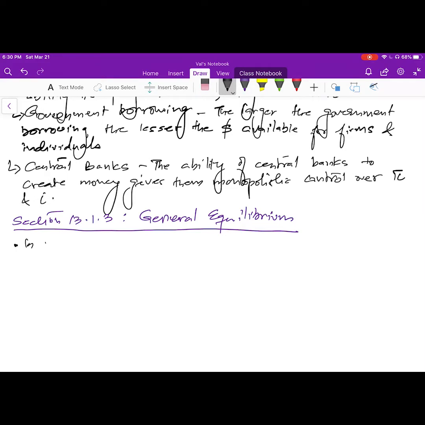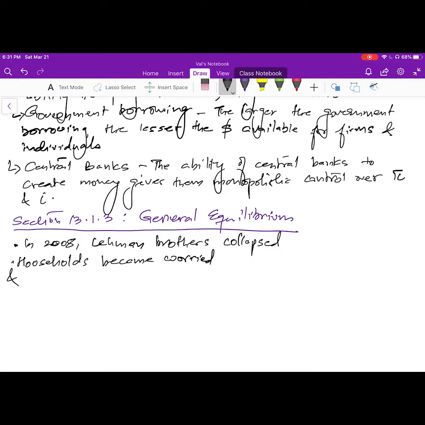Okay. So in 2008, Lehman Brothers collapsed. So households became worried and began saving and cutting down on consumption.